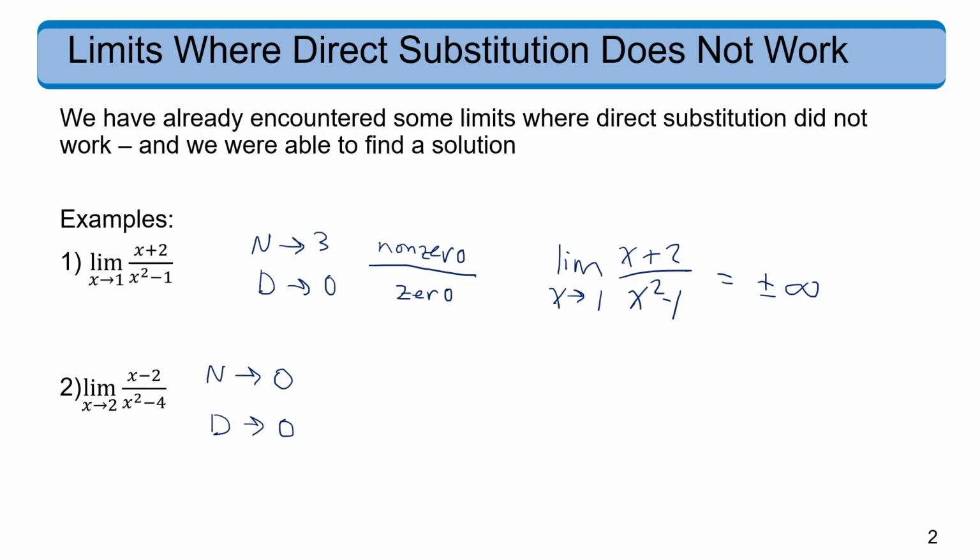So this time, top and bottom are both going to 0. This is an example of what we call an indeterminate form. We're going to look at several indeterminate forms. This is one indeterminate form. There are others.